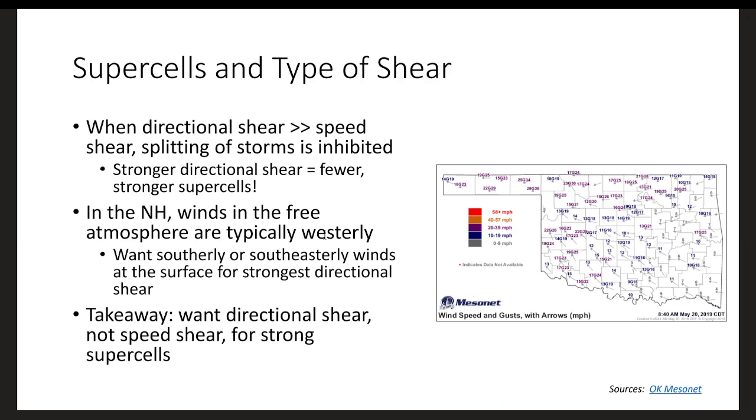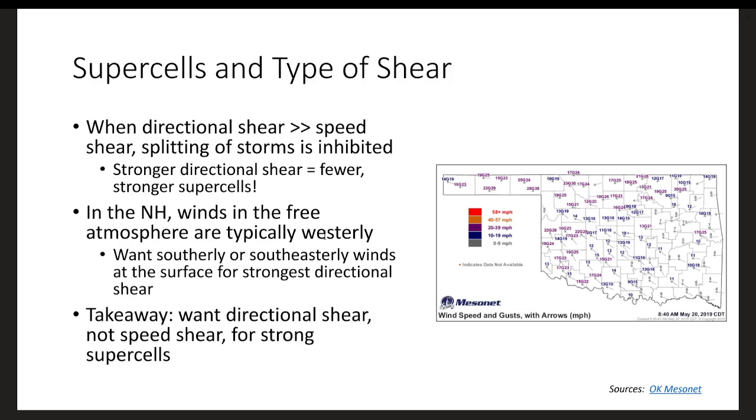When you have more directional shear than speed shear, the storms aren't likely to split. You usually get fewer and stronger supercells. So typically that's what you look for. You look for the winds to rotate with height rather than increase in speed with height. So in the northern hemisphere, the winds in the free atmosphere are typically westerly, but you want southerly and southeasterly winds near the surface for the strongest directional shear.